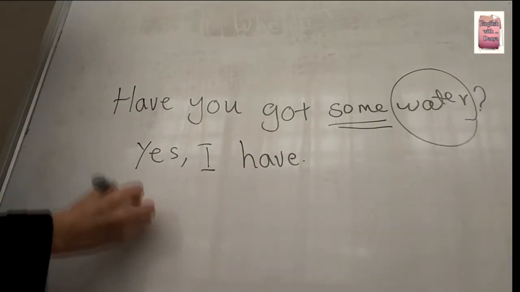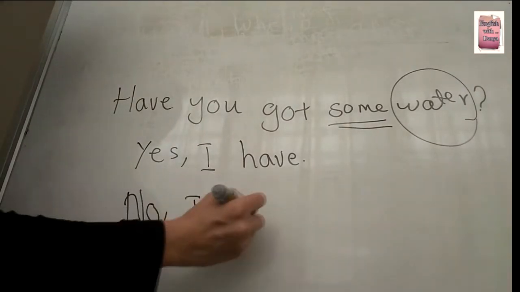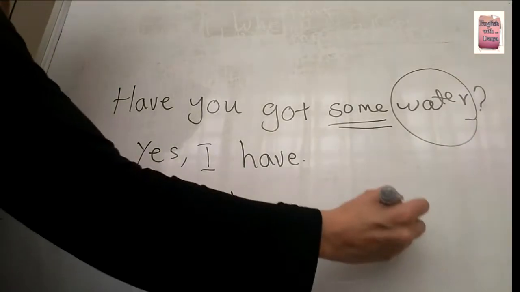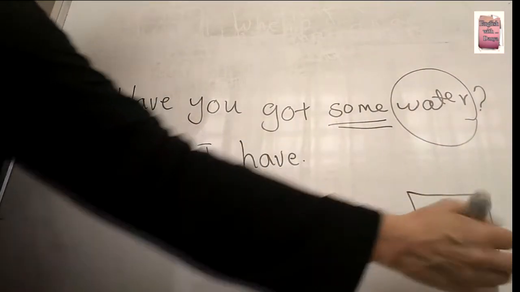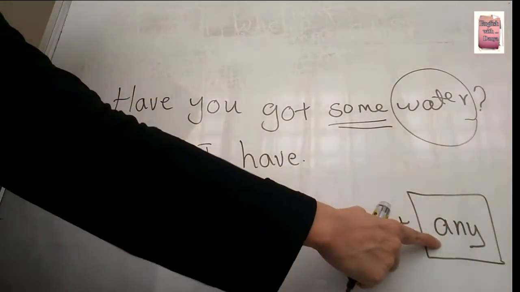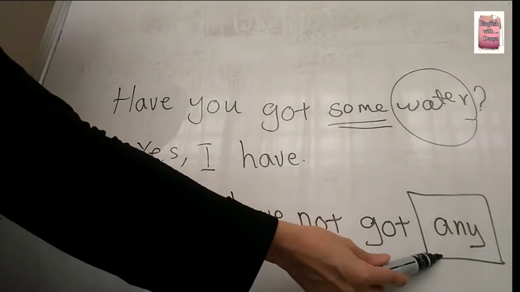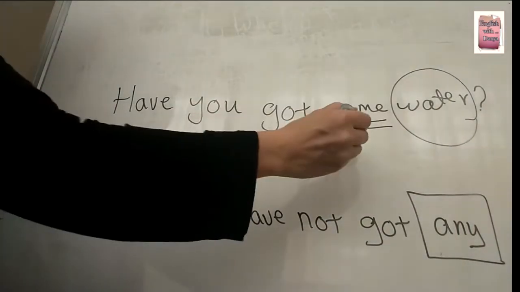But if the answer is no, no, I haven't got any. So if the answer is no, you need to use any. But if the answer is yes, we use some.